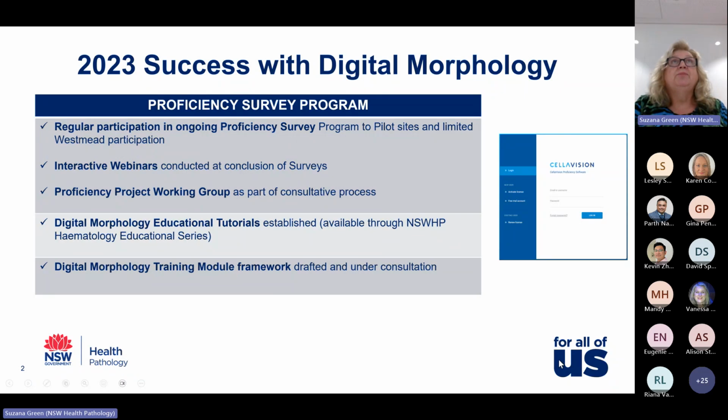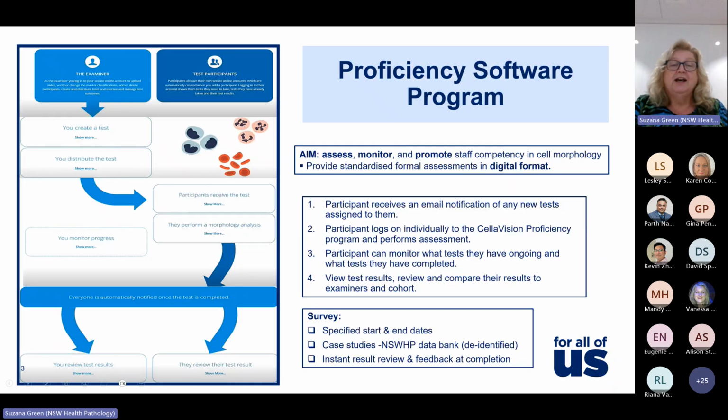So the program itself is a proficiency software program developed by Celavision. The aim is to assess, monitor and promote staff competency using this digital platform. It's a very standardised approach. As examiners, and there was a panel of us, we formulated and created the test.